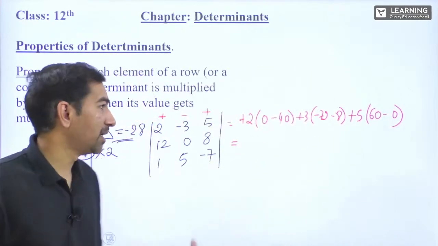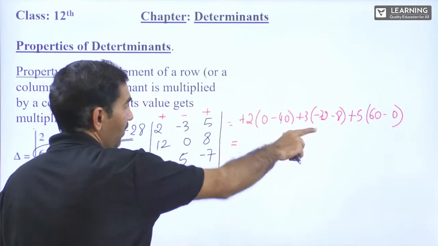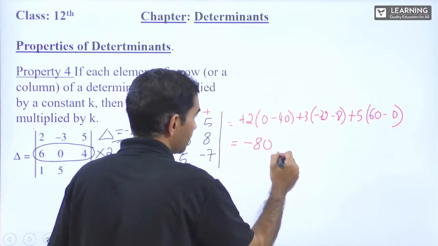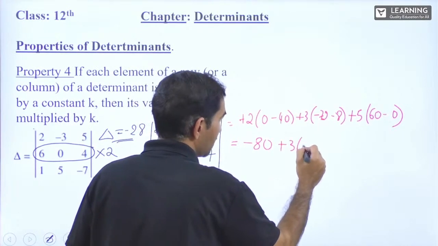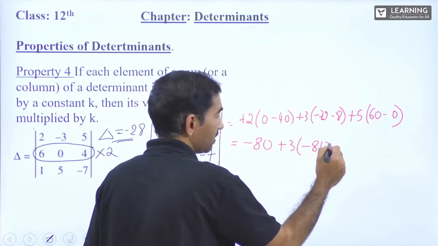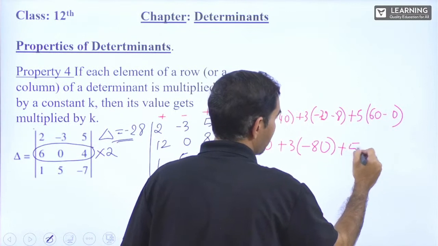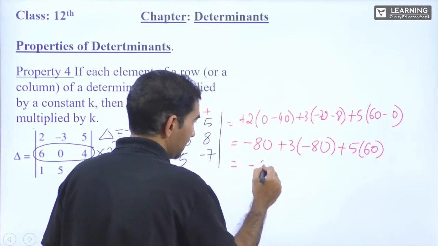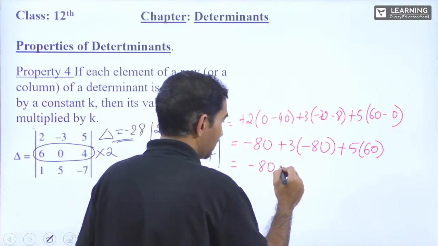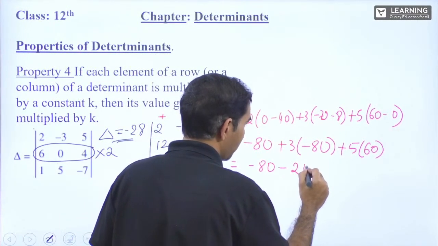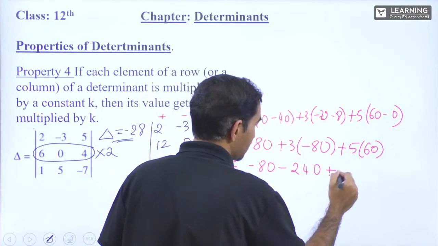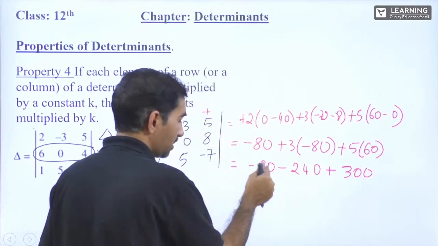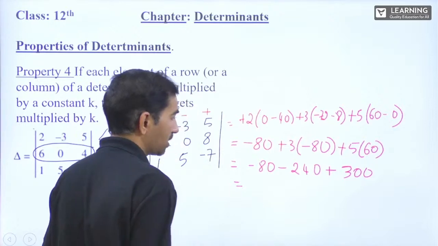Simplifying this determinant which we have evaluated with respect to the first row, we'll be getting minus 80 plus 3 of minus 80 again plus 5 of 60. Simplifying this further, minus 80, 80 into 3 is minus 240 plus 300. So minus 240 minus 80, this will be equal to how much?